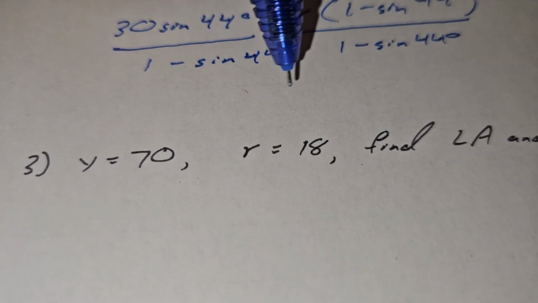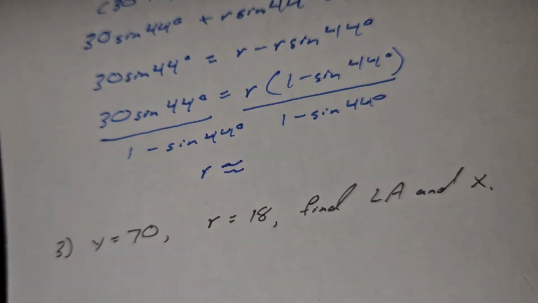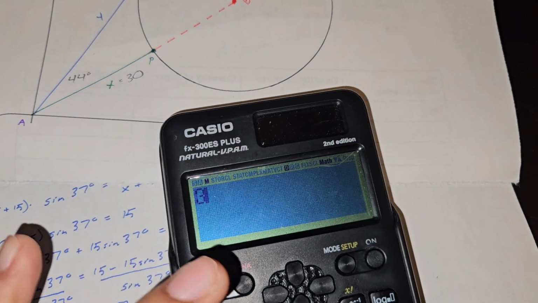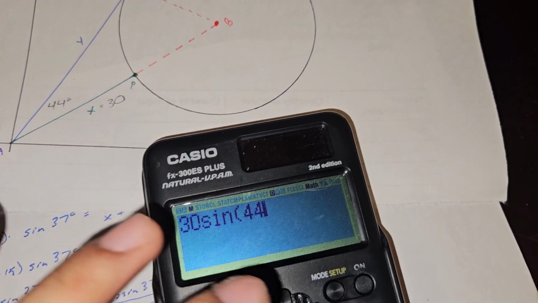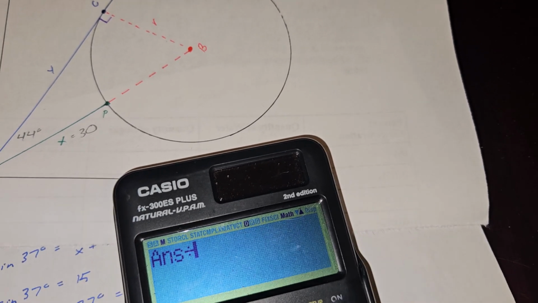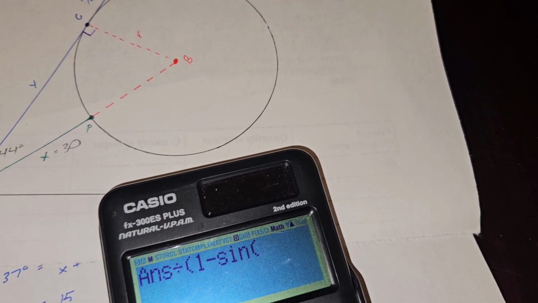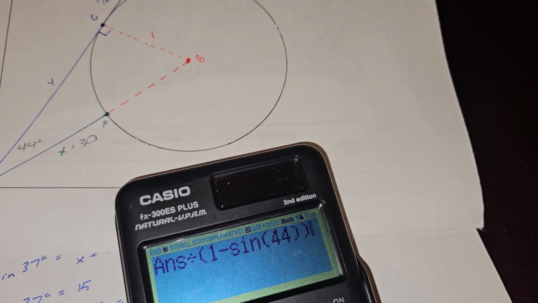Let's go ahead and use the calculator to roughly estimate what r is. So again, this gives us 30 times sine of 44 degrees, divided by 1 minus sine 44 degrees, right?